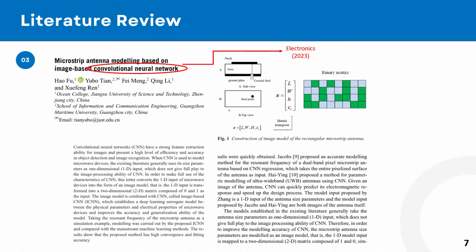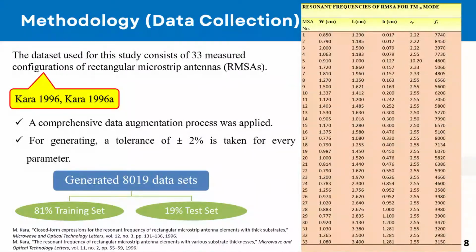Now let's quickly get started with the methodology. The dataset used for this study consists of 33 measured configurations of rectangular microstrip antennas, taken from the work carried out by Kara in 1996, and this is a standard dataset. But 33 sets is a very small amount of data for deep learning.